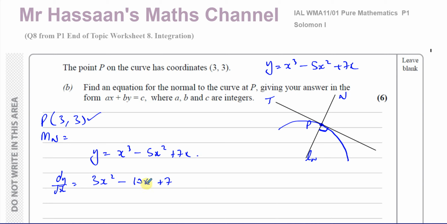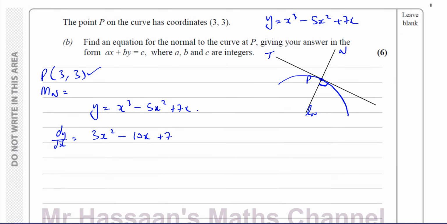Now I want to find the gradient at the point P. At the point P, x equals 3. So the gradient of this curve when x equals 3 can be found by substituting x equals 3 into this gradient function.